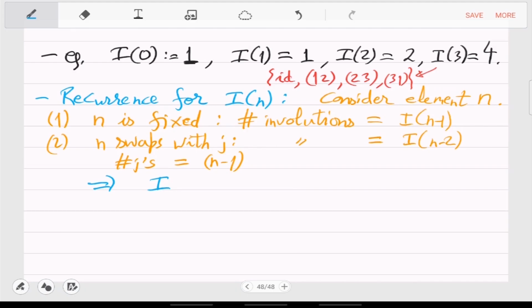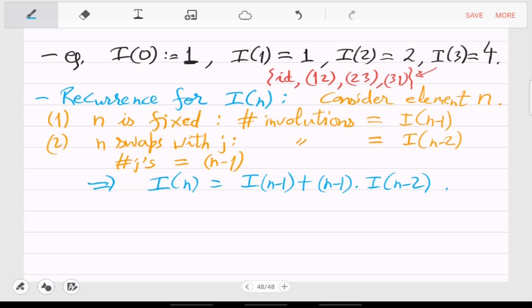You are not getting the same involution in any of these cases. So you can do the sum rule and you will get In is equal to I of n minus 1 plus n minus 1 times I of n minus 2. Is this clear? Any questions? Okay.